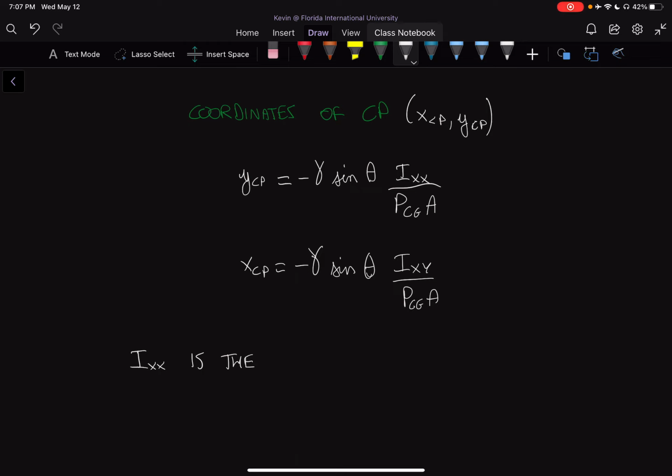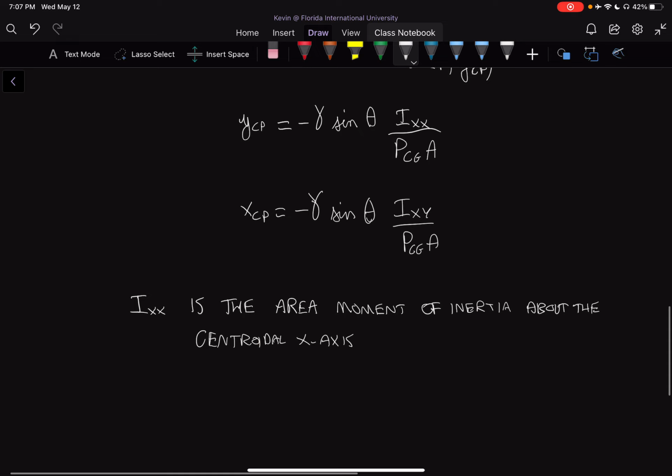So Ixx is the area moment of inertia about the centroidal x-axis, and Ixy is the product of inertia of the plate.